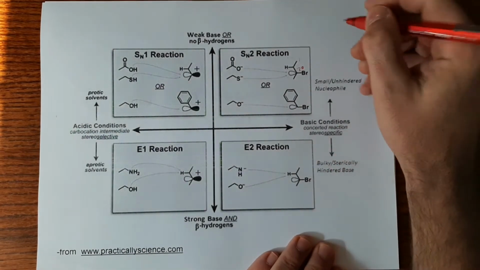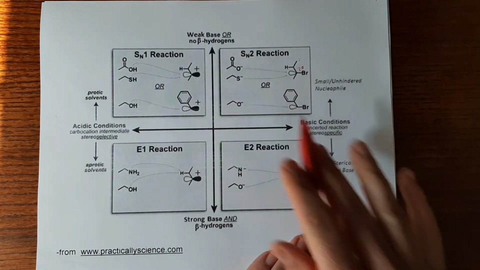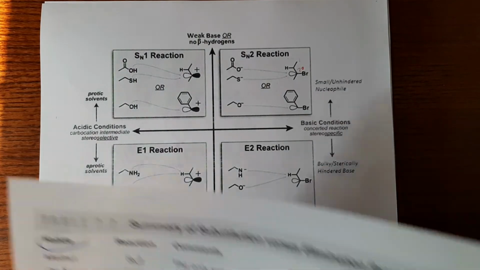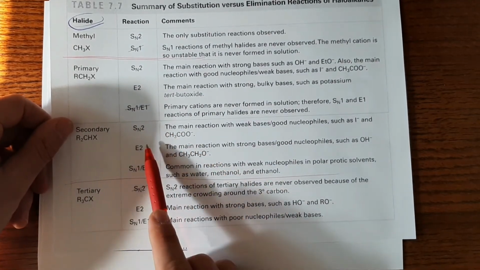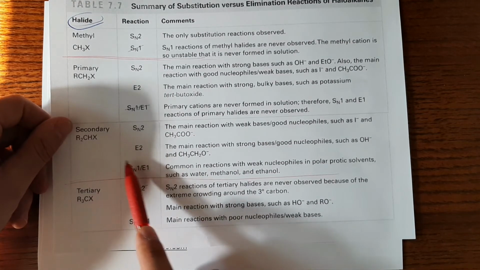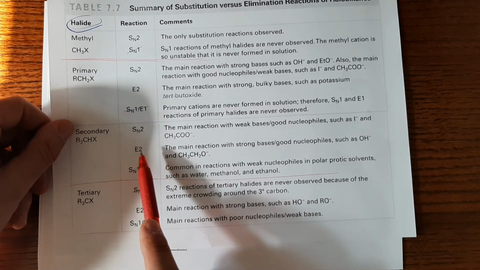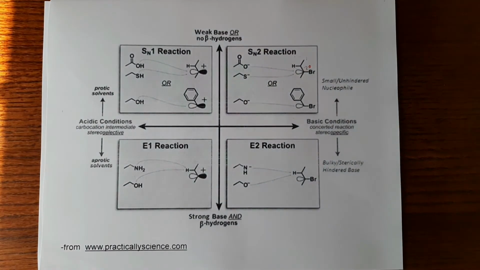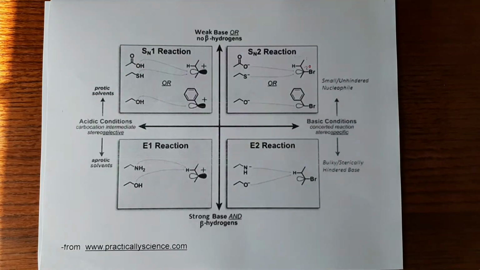So sorry, I should point out that this is breaking down the complicated region of secondary, where you can compete and do everything. So it's really focusing on mostly secondary haloalkanes, where it gets really, really messy in this area. That's why I give you the two of them: one gives you some very general information about what to think about, and one digs in a little deeper to the nitty-gritty of the complicated areas.